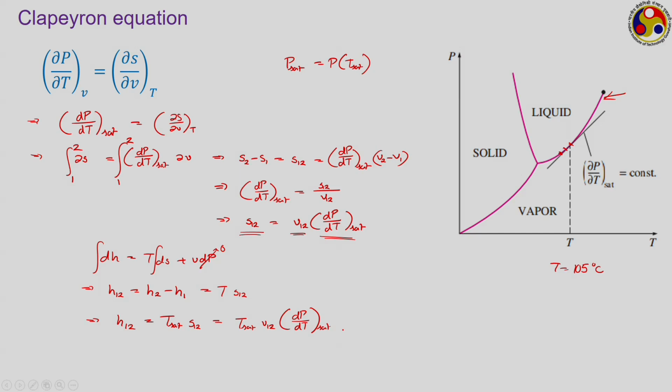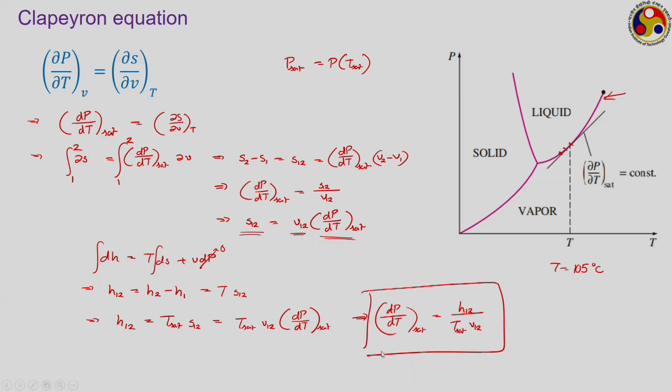Or if our interest is to know the expression for the saturation curve, then we can also write dP/dT saturation is equal to H12 by T sat into V12.